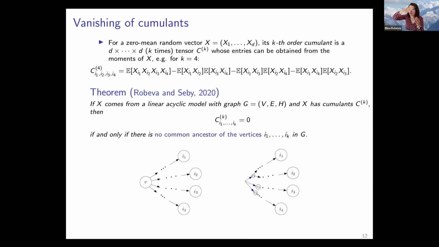There will be these off diagonal entries like iijj that won't vanish. But if you instead took the cumulant, which exactly adjusts for this, it's just subtracting all of these pairwise ones, it will correct for it and it will be diagonal. So this fourth order cumulant of a random vector of independent entries will be diagonal.